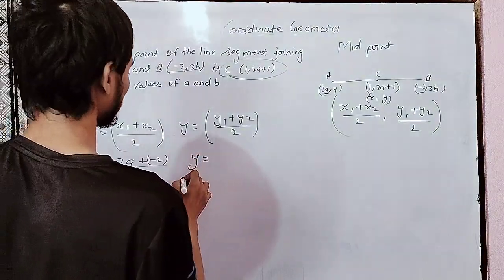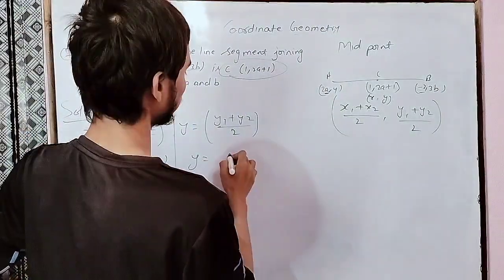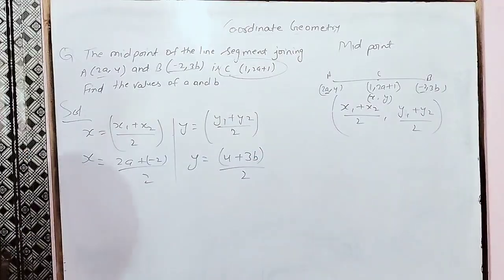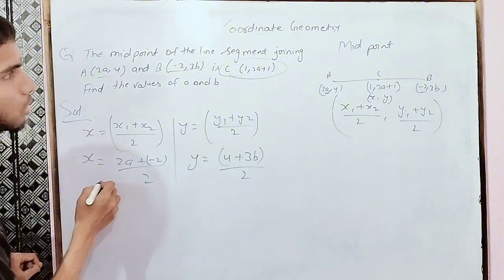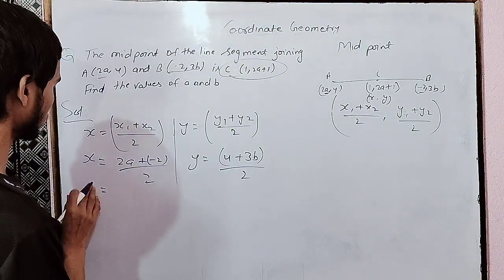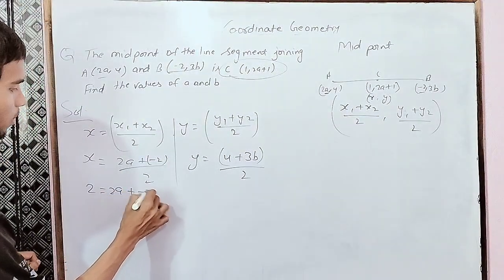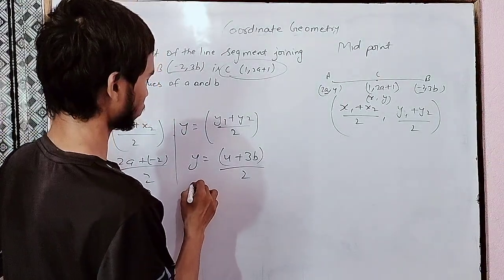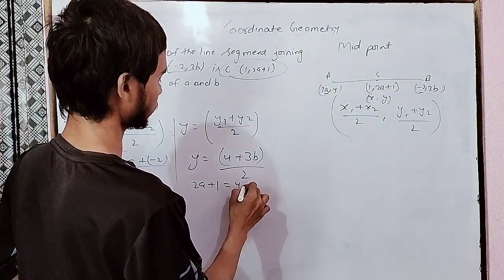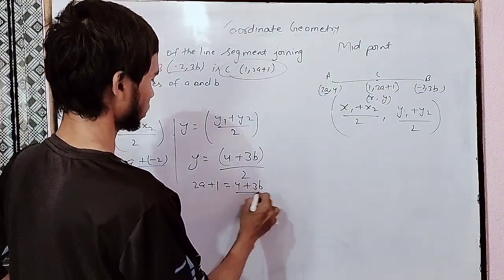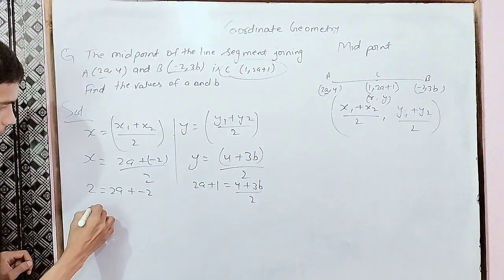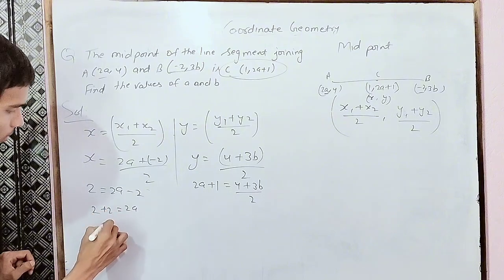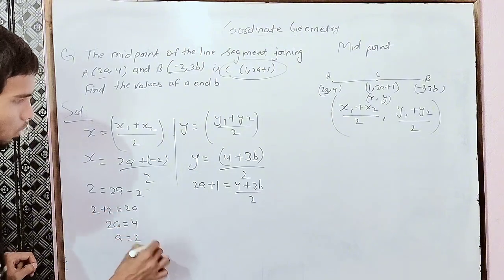And y is (4 plus 3b) upon 2. x is given as 1, so 2a minus 2 equals 2. And y is given as 2a plus 1, so 4 plus 3b equals 4a plus 2. From the first equation, 2a equals 4, so a is equal to 2.